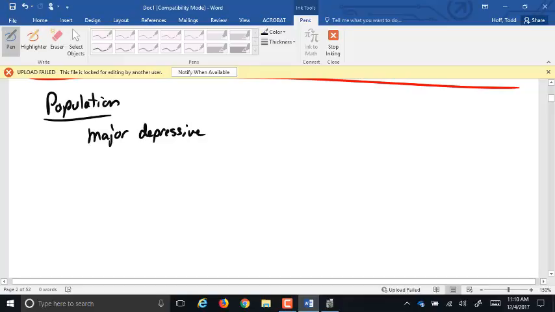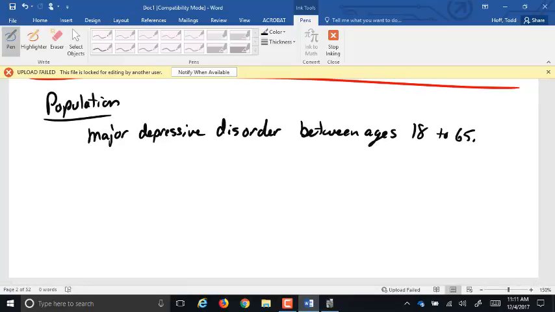Okay, that's what they did to them, the magnetic stimulation, but it is people with major depressive disorder. Do they define an age group? Okay, so that's their population. They want to learn about all people with major depressive disorders between the ages of 18 and 65.